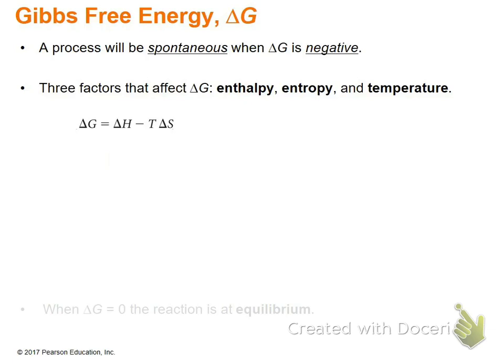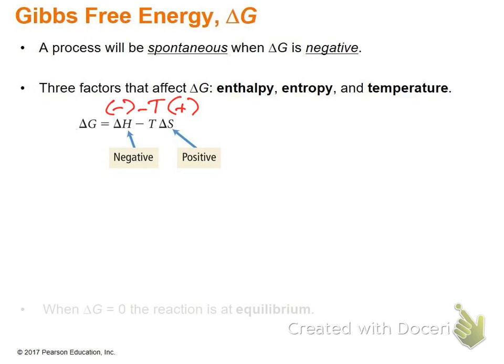So let's say, for example, delta H is a negative value and delta S is positive. How would delta G be affected? What would be the sign of delta G? So again, if delta H is negative and we're subtracting a positive value here, T times positive, what would the value of delta G be?